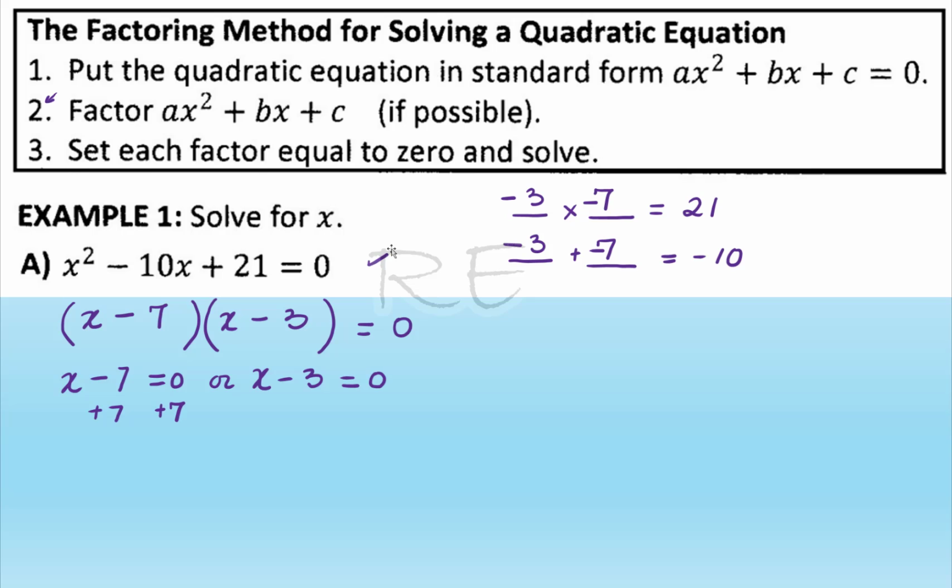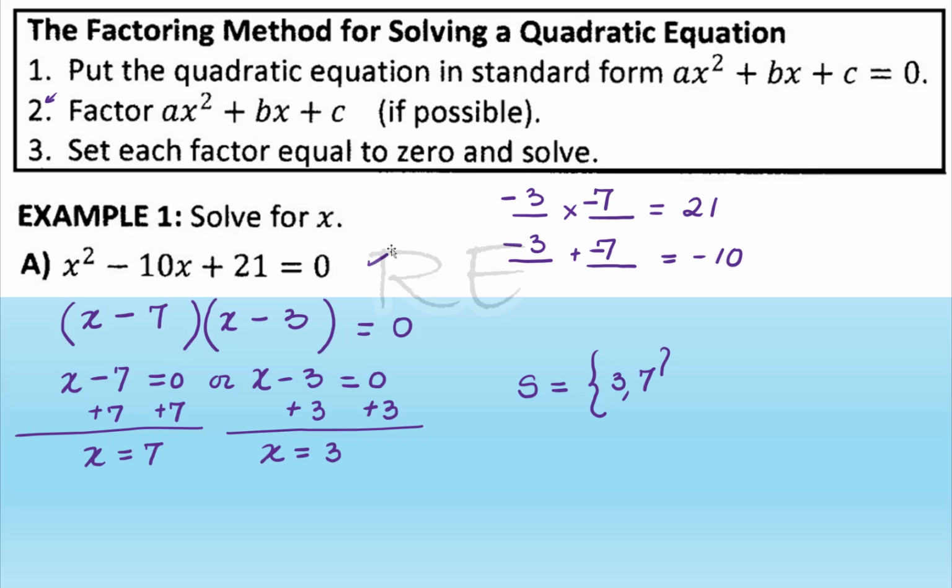When we add 7, x is equal to 7. And when we add 3, x is equal to 3. Therefore, the solution set is 3, 7. These are the two roots of the equation.